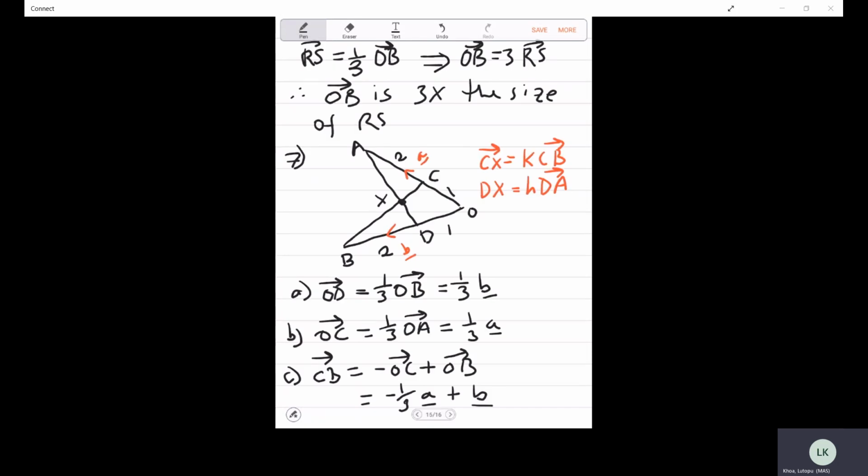And then D, I have to find DA. So I'm at D and I want to get to A. Okay, so I can go from D to O and then O to A. Yeah, that's better.